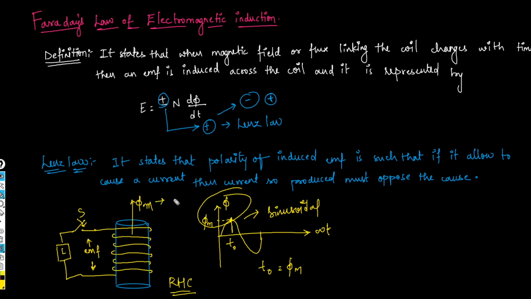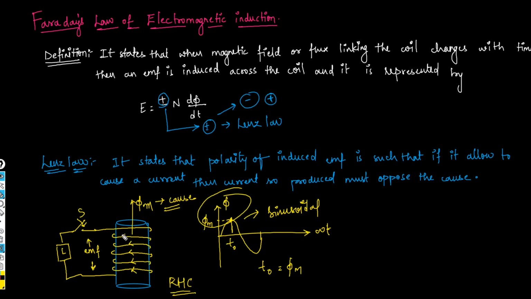Here the cause is nothing but your flux phi m, the flux coming out of this iron core. So the current direction should be such that it opposes this flux, which means the current direction should be in this way.